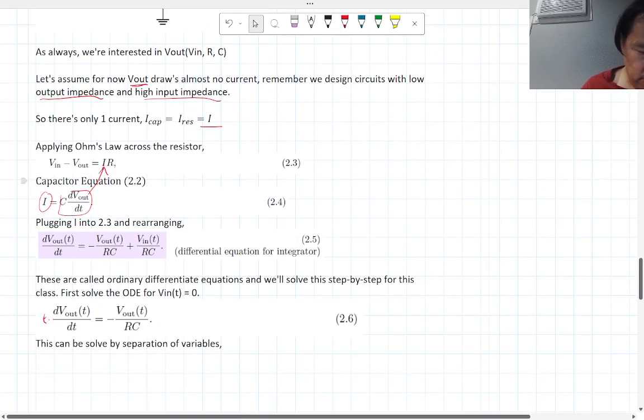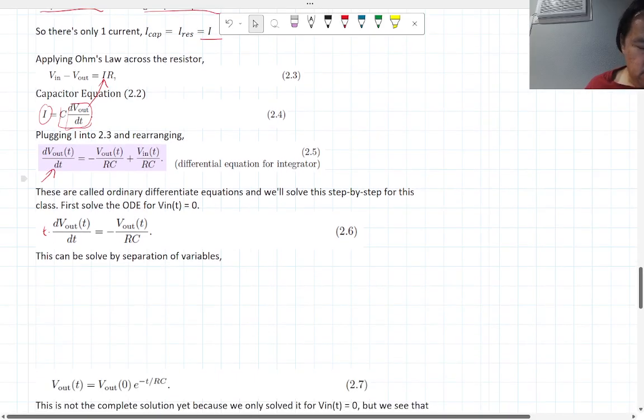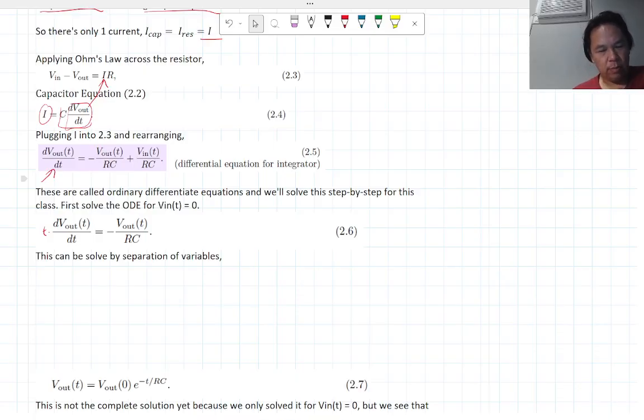When we insert that current and solve for dV/dt of V out, you end up with a differential equation that tells you the time derivative of V out is equal to negative V out, which is also a function of time, plus V in, which also depends on time, and both are divided by R times C, which is known as the RC constant. That's a special number that has units of inverse time, if I remember right.